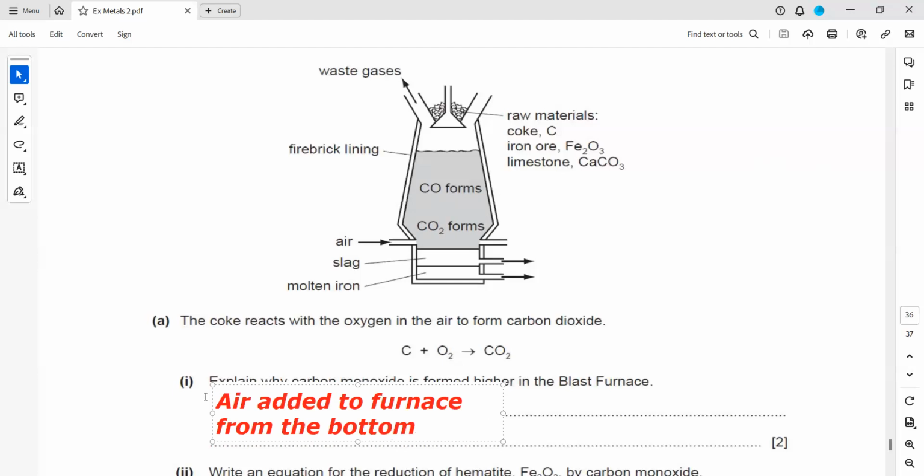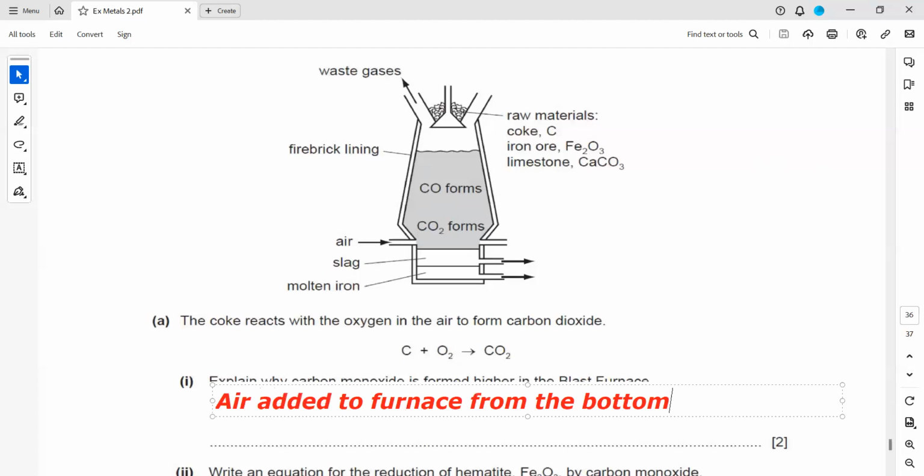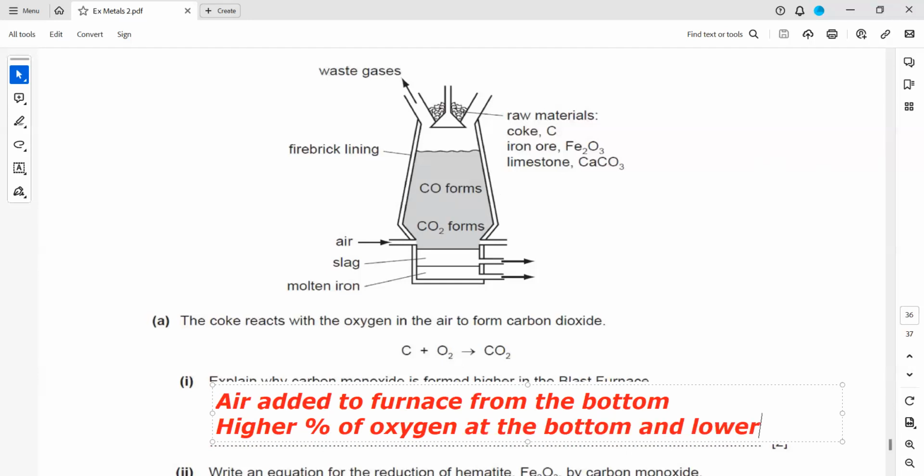So what is the effect when we add air from the bottom? A higher percentage of oxygen at the bottom, and a lower percentage at the top.